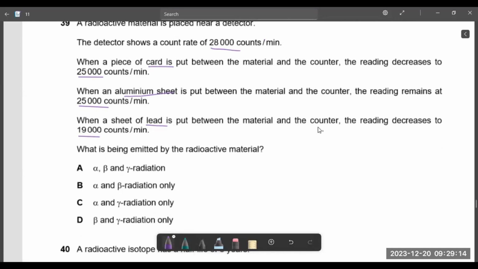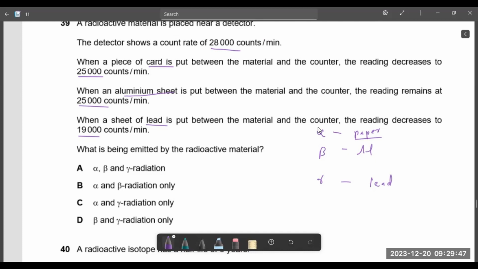Here we know three types of radiation: alpha, beta and gamma. Alpha radiation can be stopped by material like paper, beta can be stopped by aluminum, and gamma can be stopped by dense materials like lead. So when we put in a card, that means paper, it is being reduced.